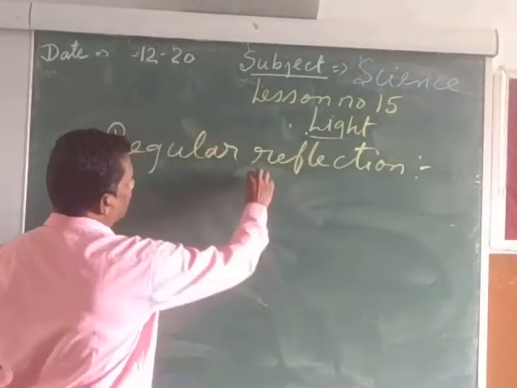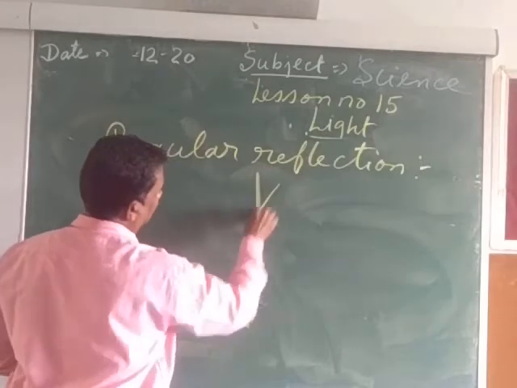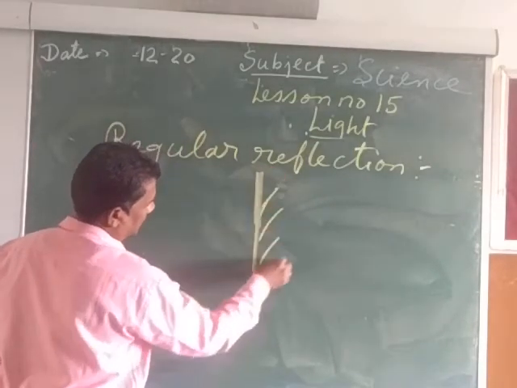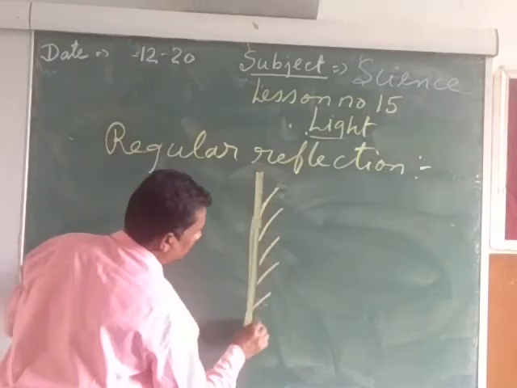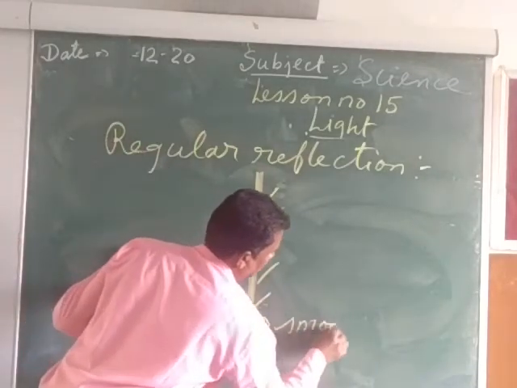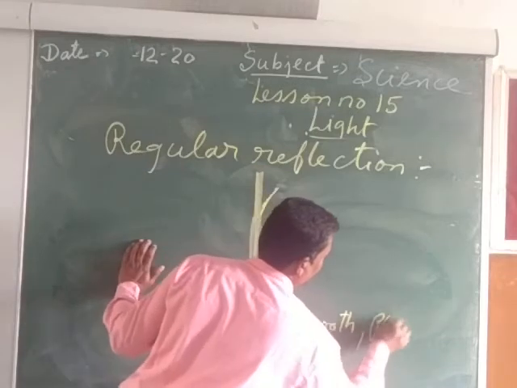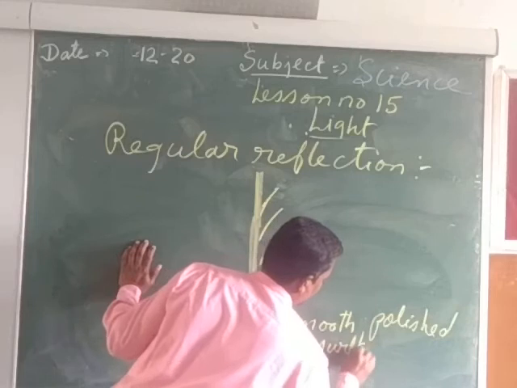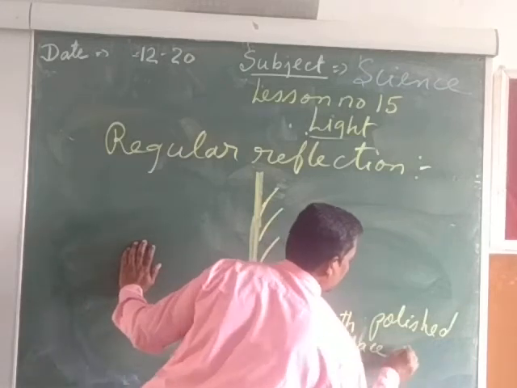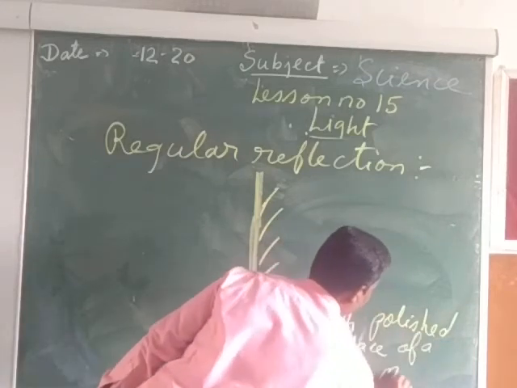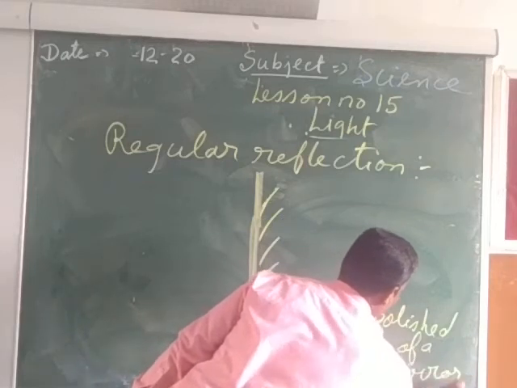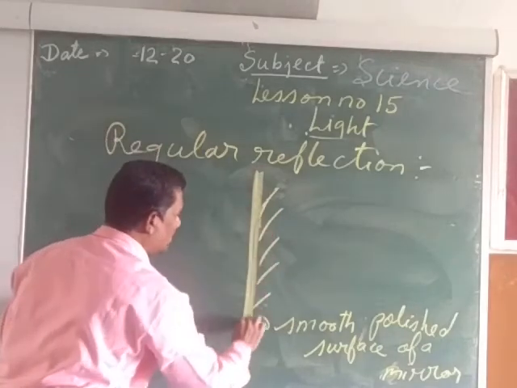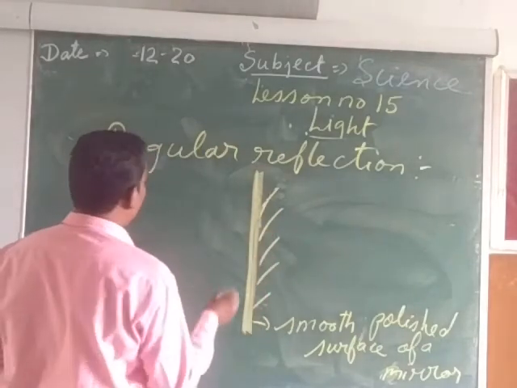So see, suppose this is the smooth and polished surface of a mirror. Suppose this is a smooth and polished surface of a mirror.